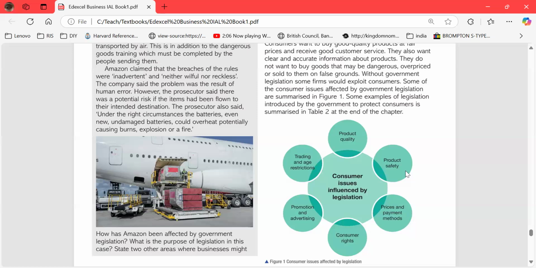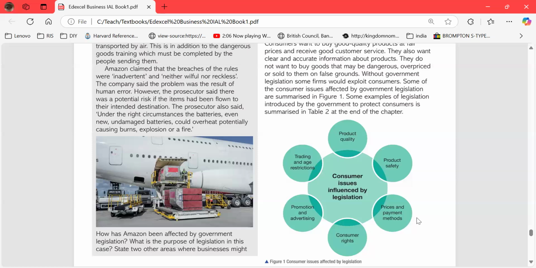Then we have prices and payment methods. Sometimes consumers overpay. If there is legislation, then this will be considered a crime. If someone overcharges, think about a fizzy drink you are buying for 10 taka.